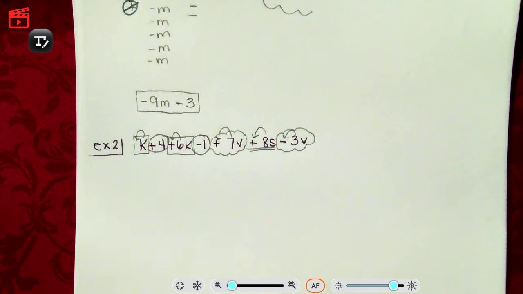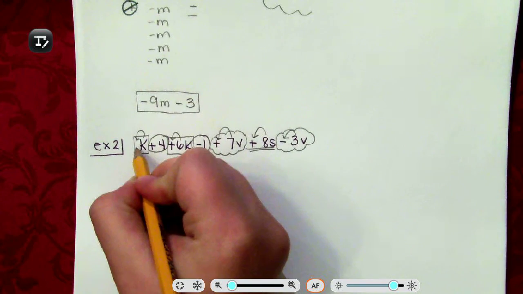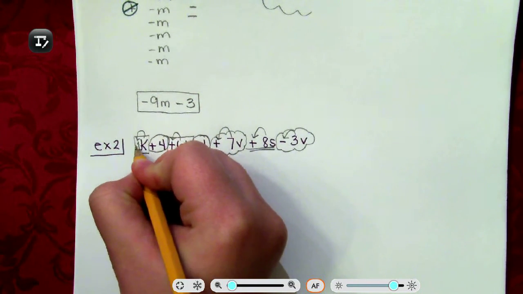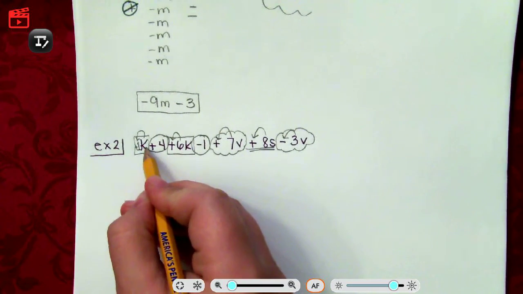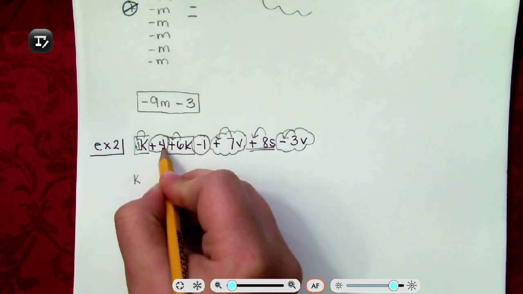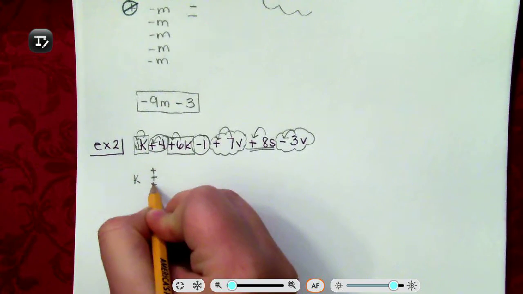We're going to do exactly the same thing we did before. We're going to draw what we have. This one right here, mathematicians are what? Lazy. So even though it doesn't have a number out in front, this number is positive 1. So how many k's do I have here? I have 1k that's positive. I have 4 pluses, 1, 2, 3, 4.